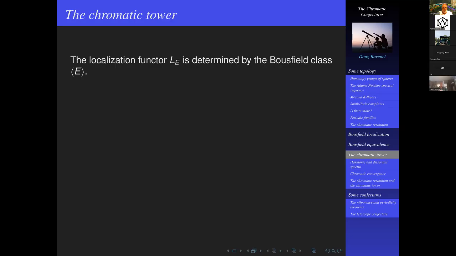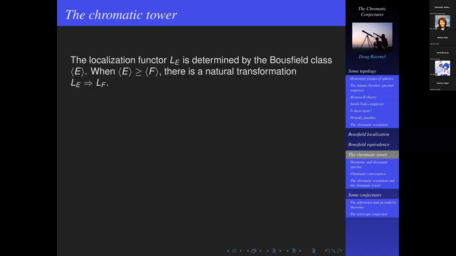Now, the localization functor associated with E is determined by this Bousfield class. And when the Bousfield class of E dominates that of F, there's a natural transformation from LE to LF.